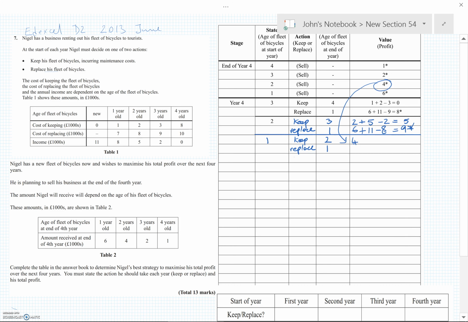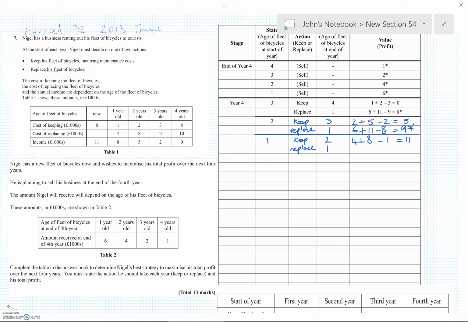If we've chosen to keep them, we've got a cost of 1 and an income of 8. So that's 4 plus 8, take away 1, which is equal to 11.